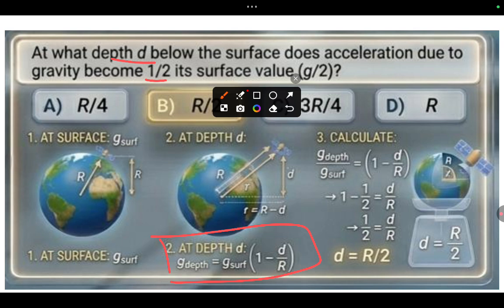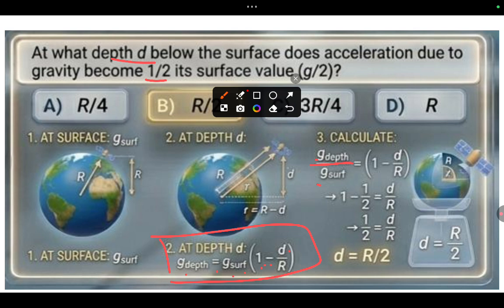Now when g becomes 1 by 2, g depth equals g surface times 1 minus d by r, so g depth by g surface equals 1 minus d by r.